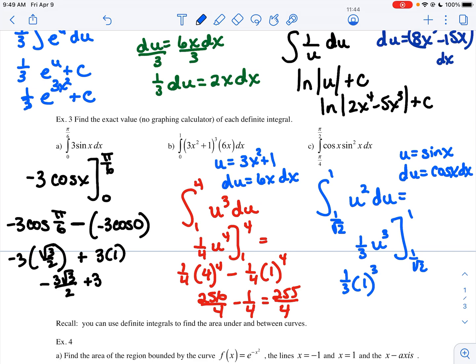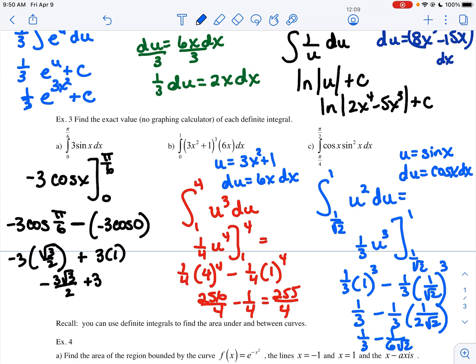So that's 1/3 times 1 cubed minus 1/3 times 1 over square root 2 cubed. Okay, so this one's tricky. This one ends up being 2 square root 2, because you get square root 2 times square root 2 times square root 2. So that's 1 over 3 minus 1 over 6 square root 2. Ugly, but true.